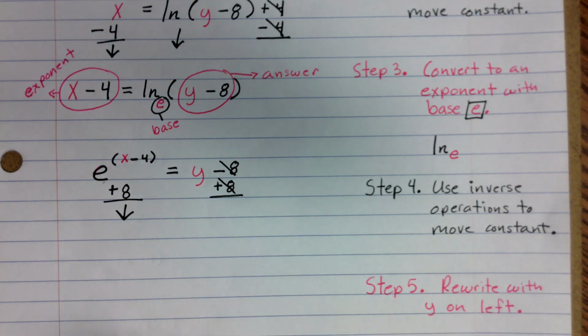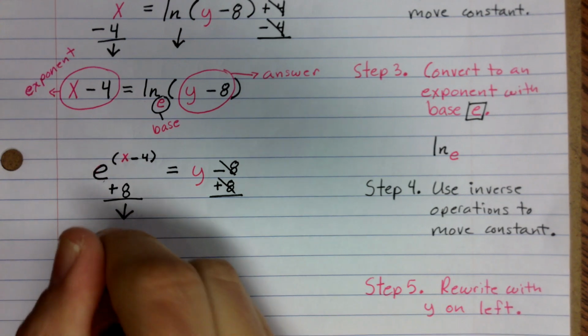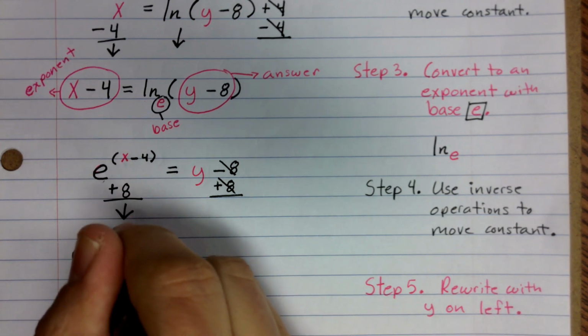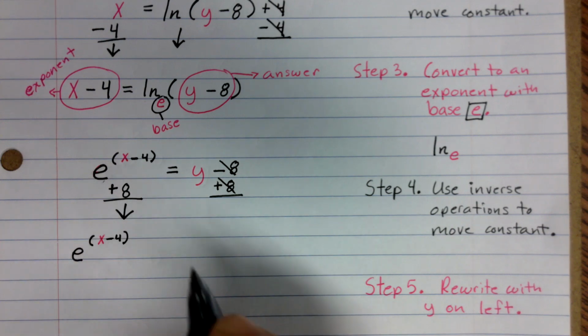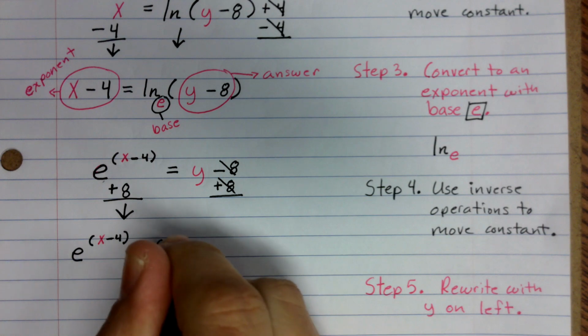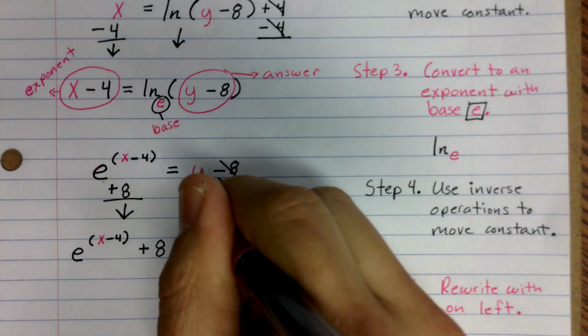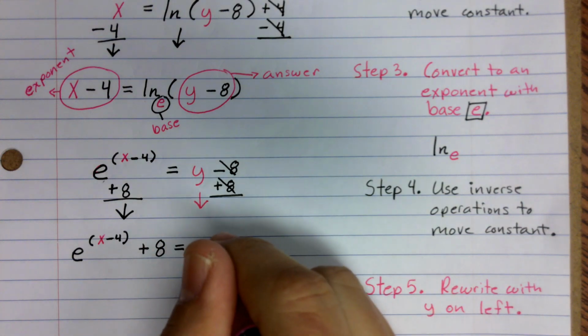I'll have my e to the power of x minus 4 and now we have plus 8, so I'm going to go ahead and add an 8 to it. Plus 8 is equal to y, which is all we had left on the right side of the equation.